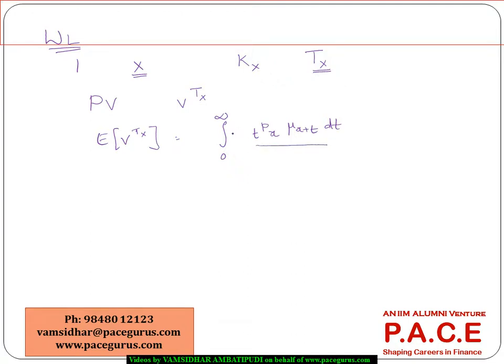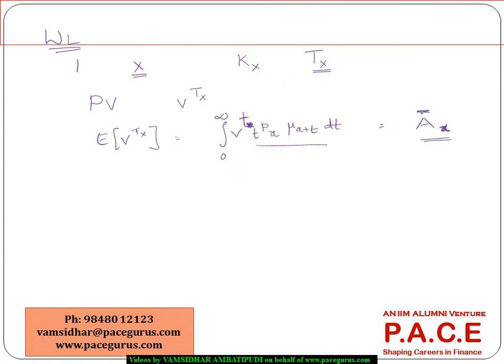And the present value of the payment is v^t, which has to be integrated from 0 to infinity. Notation-wise, for a whole life policy where payment is made at the end of the year of death, we denoted it as A_x.